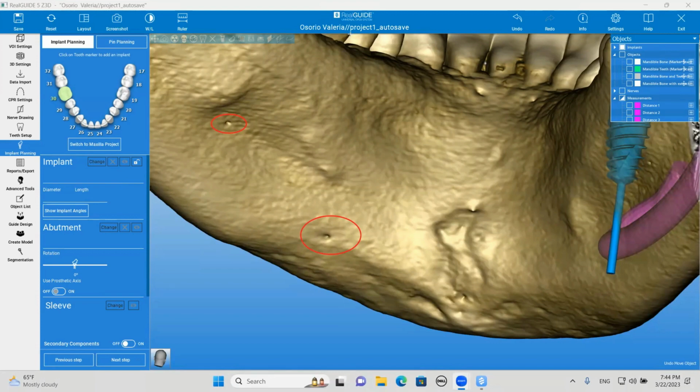So what happens is, most likely when this patient was developing in their growth period, one or more of these small little aberrant vessels just perforated through the lingual aspect. Nothing to worry about, not at all. It's just something that we see now and then.